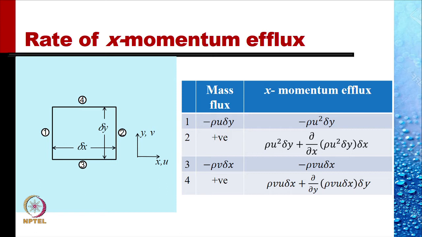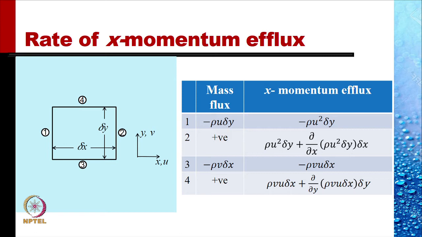The mass flux across surface 3, which has an outward normal in the minus y direction, is minus rho v delta x, negative because it is an influx. And the x momentum flux across this surface is this mass flux times the horizontal velocity u, so it is minus rho vu delta x.